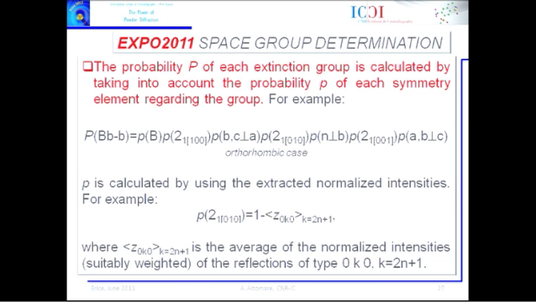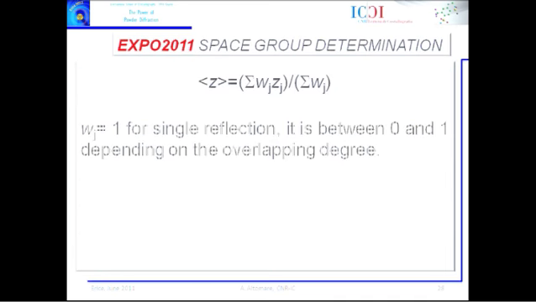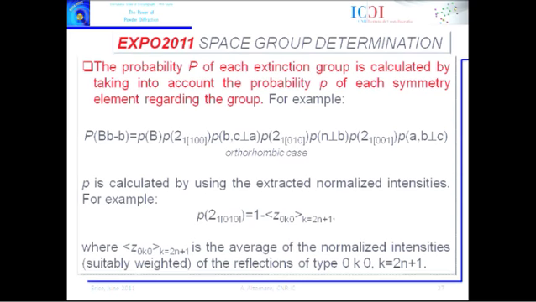Z is the normalized integrated intensity with suitable weighting. And the average is calculated on the class of reflections which must be extinct because of the presence of the corresponding symmetry element.